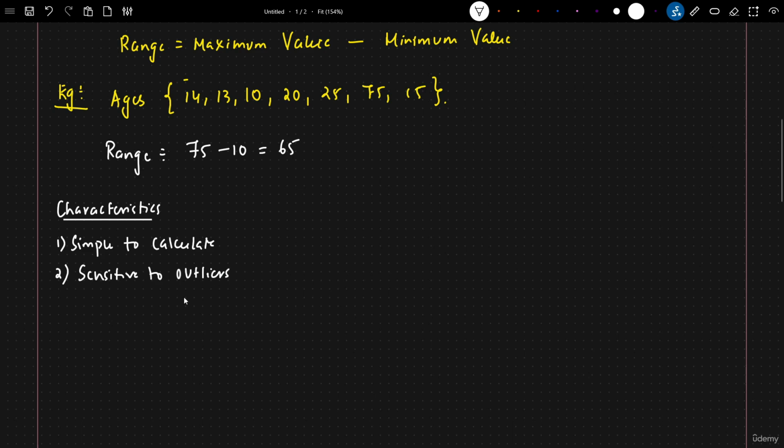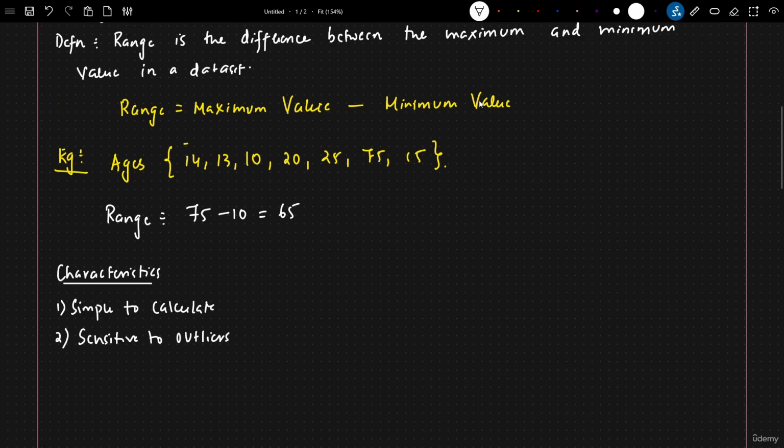Let's consider another example with respect to the weights of students in a classroom: 35, 40, 45, 39, 30.